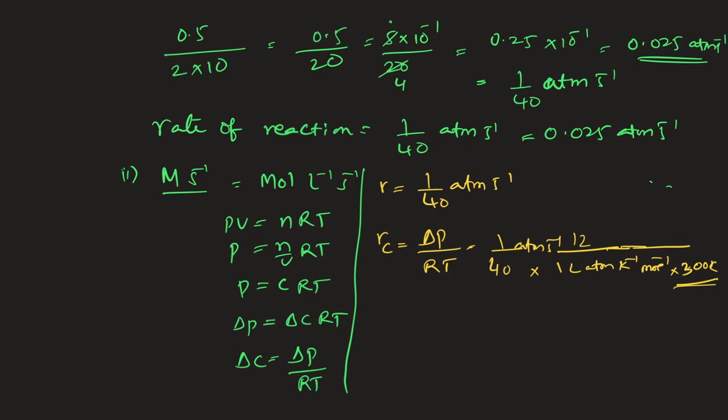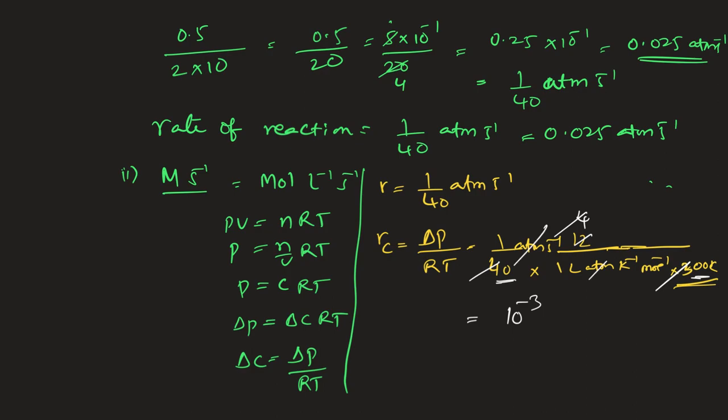Now this can be cancelled. 3 times 100, 4 twelves are 12, the 4s cancel. In the denominator we have 10 power 3, so it goes to the numerator as 10 power minus 3.